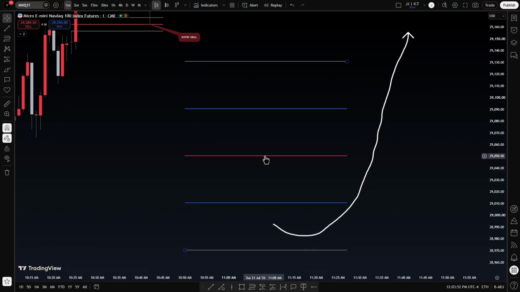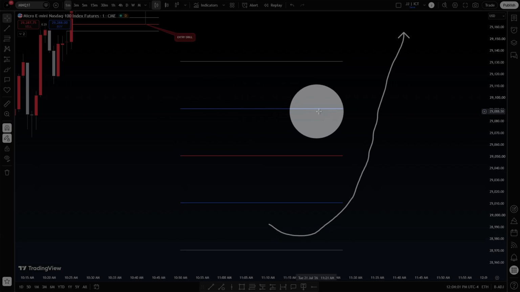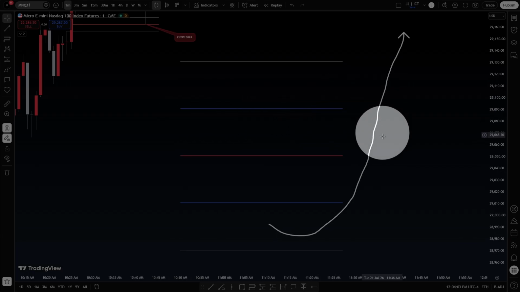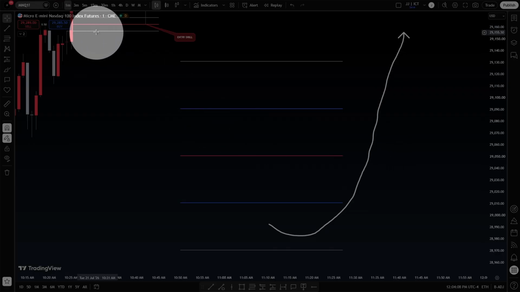For example, if price does decide to run through the equilibrium and then hit that second quadrant and temporarily respect it, what it'll normally do is come back down, go to that fair value gap, which is that same fair value gap over here, which was beautiful.